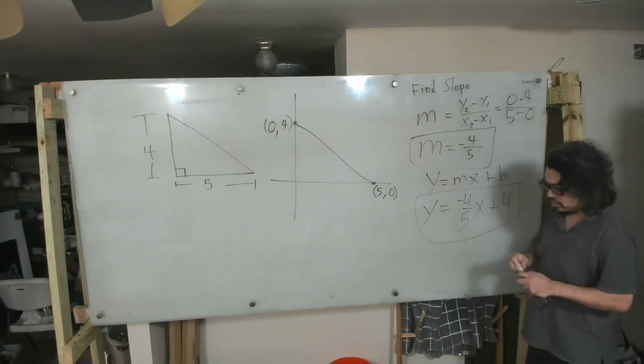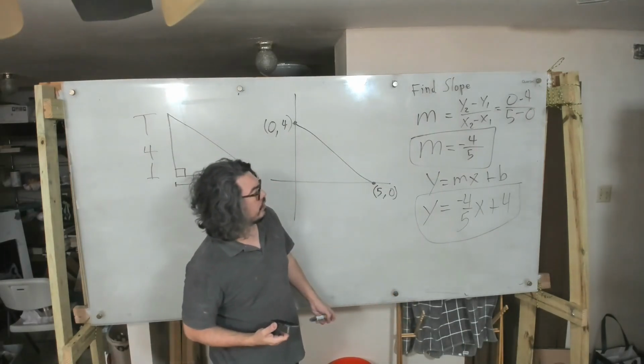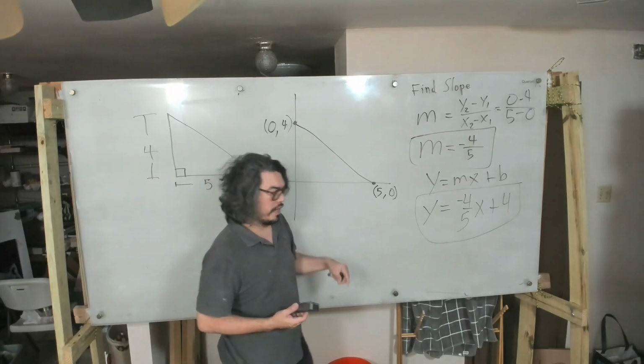Okay. So now let's proceed from here. This is our equation. This is our drawing. And now we're going to do the Riemann sum.